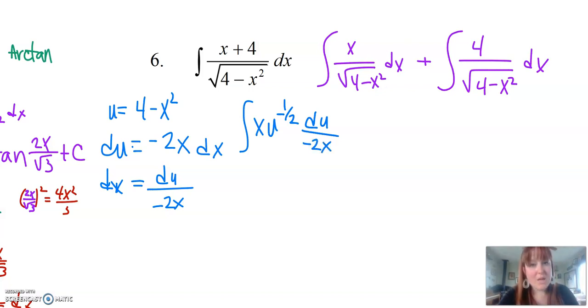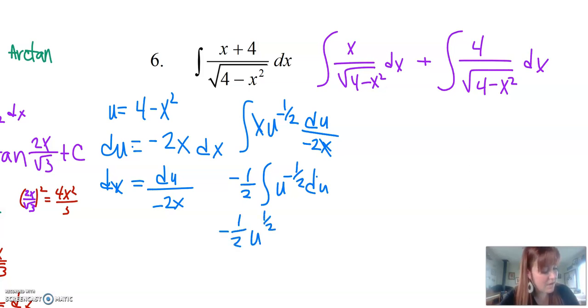Okay, so the x's cancel out, and we end up with negative 1/2 on the outside times the integral of u to the negative 1/2 du. So what do we do? We add 1, so negative 1/2 becomes u to the 1/2, and we divide by 1/2. That ends up being 2, so we get negative u to the 1/2.